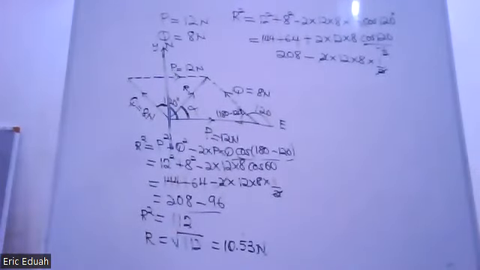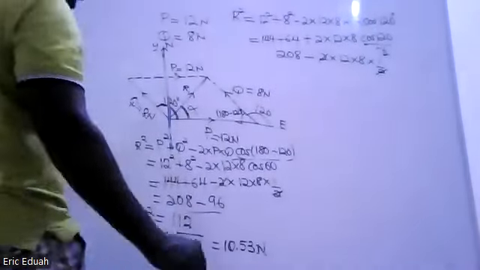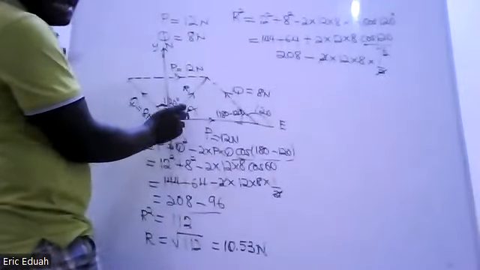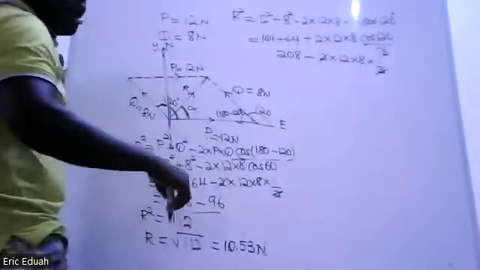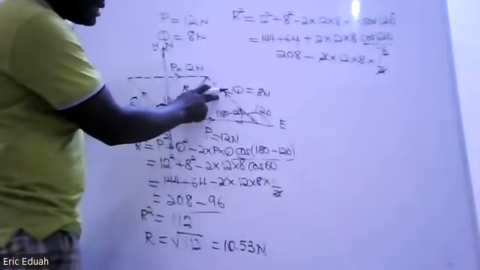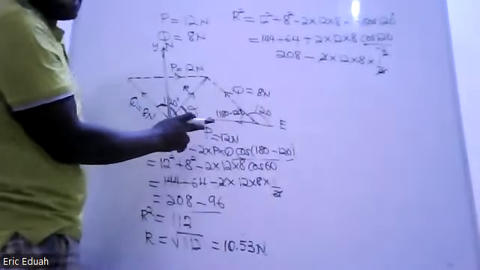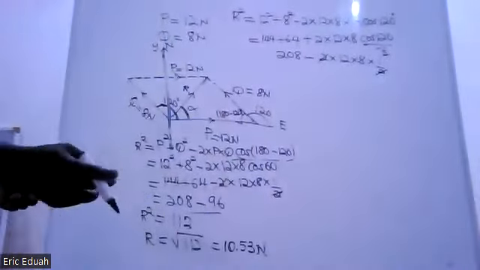Using the sine rule, you take the ratio of the sine of the angle to the side opposite to it, or the ratio of the side opposite to it to the sine of the angle. Both ways can do.